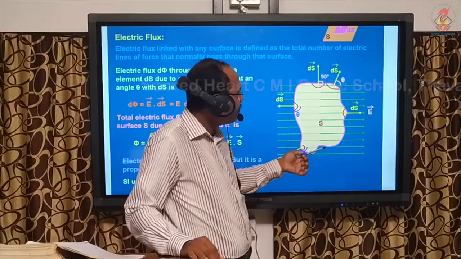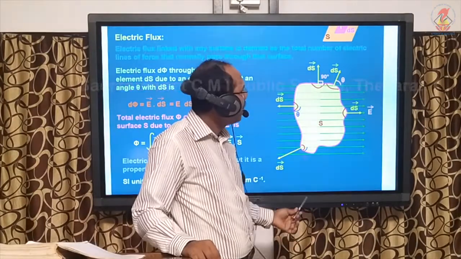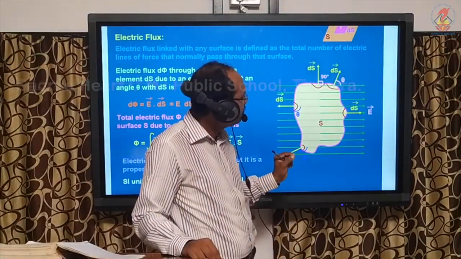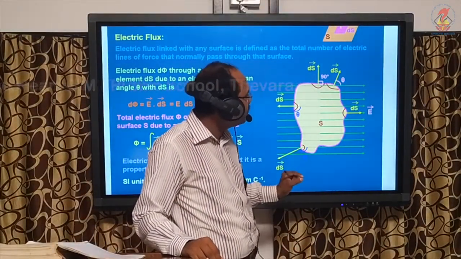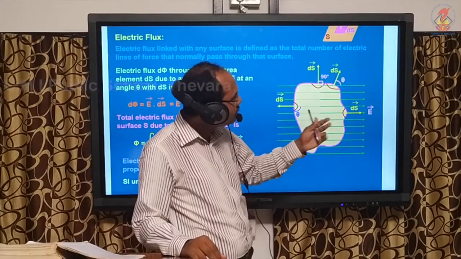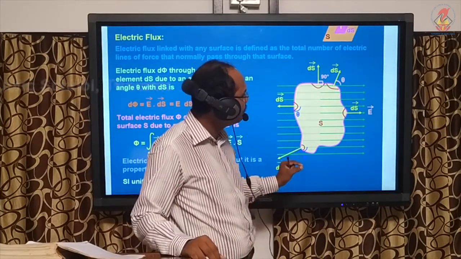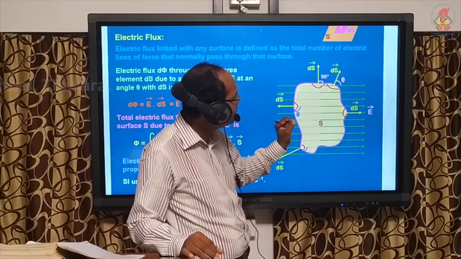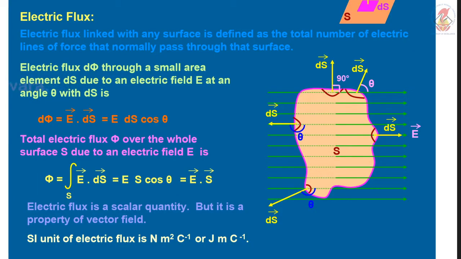The surface can have any irregular shape. Out of that irregular shape, just imagine you are taking any small portion of that surface and mark that as dS. S means the surface area of the given surface.